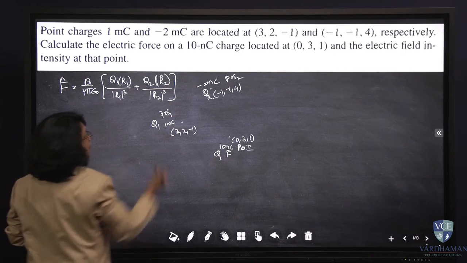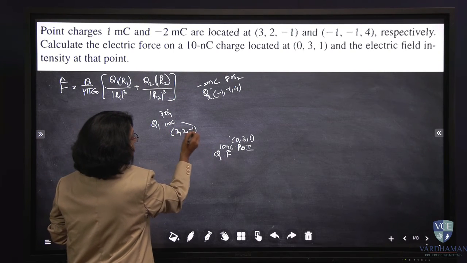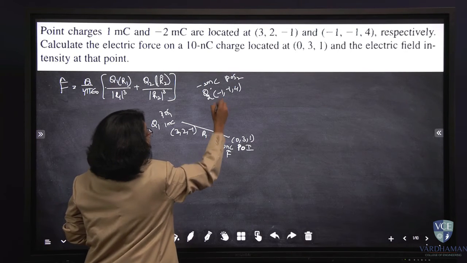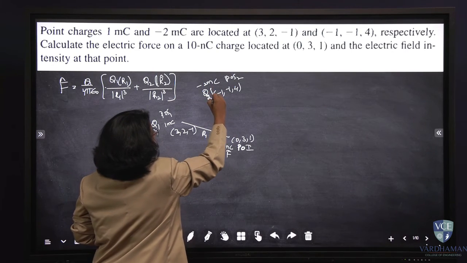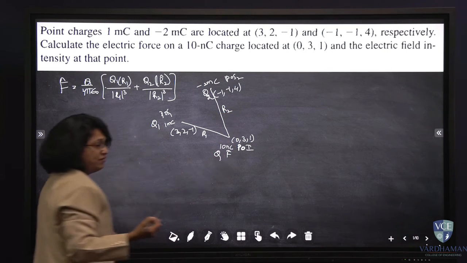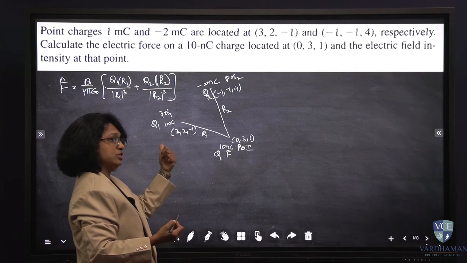This is the formula. Now, what are the distances between the first charge and the point of interest? This is our distance R1 between the source and the point of interest, and this is the second source, so this is R2. Always the force is acting on the point of interest due to the source.